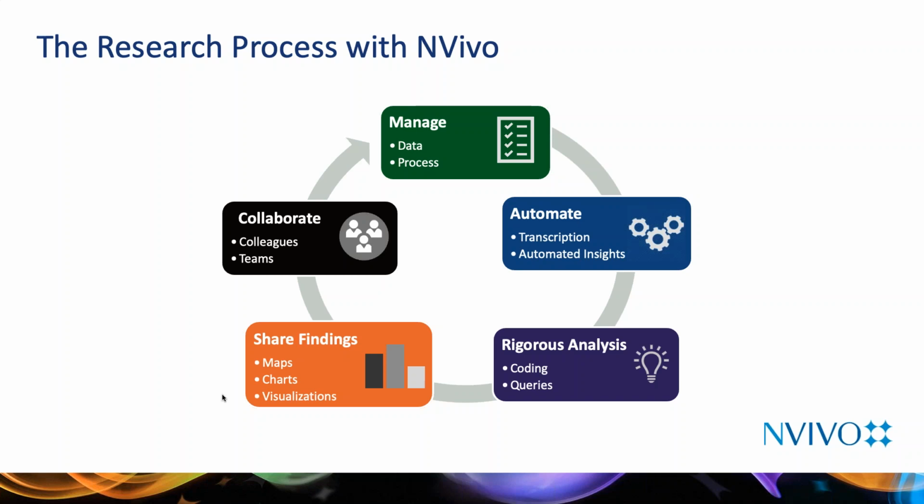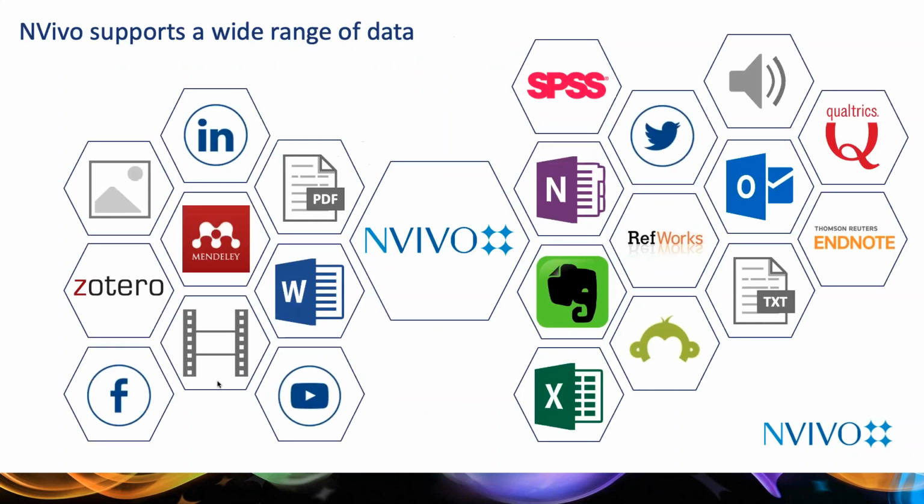Collaborate with colleagues, work as part of teams, and ultimately it's an iterative process. So you find that you're going to be going through this throughout the work that you do within your project. And today in particular, we'll start to look at how the literature review can be a starting point within the software to become an intricate part of this process.